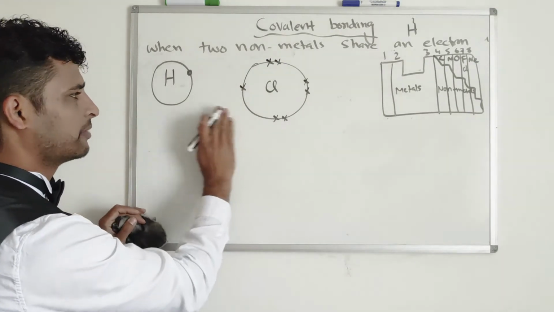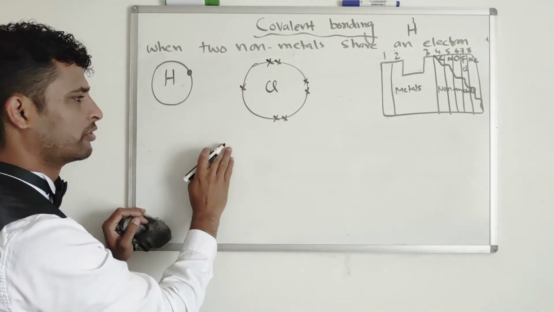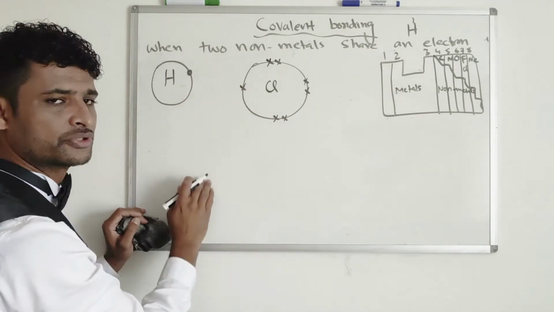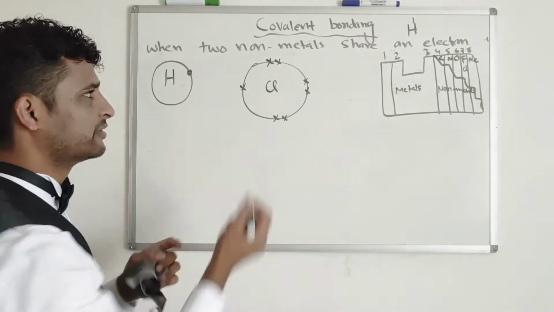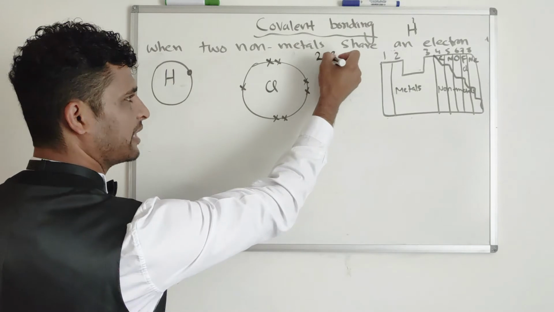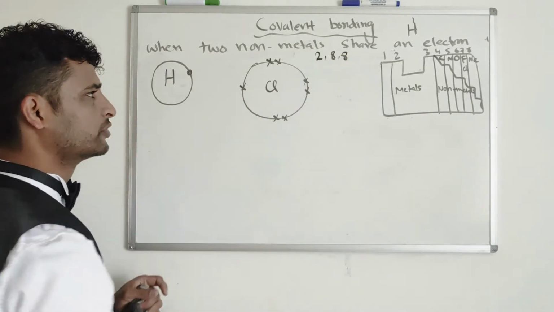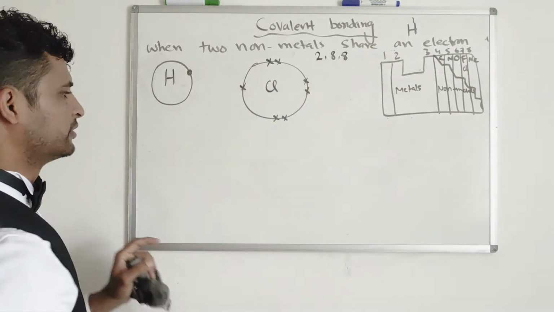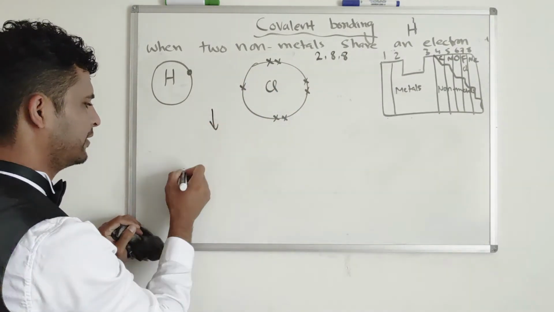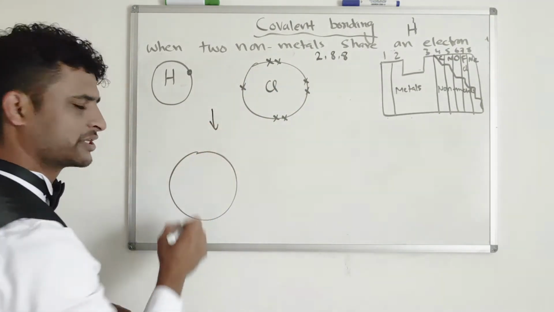Now when they come close together, they both are non-metals. Hydrogen has only 1 shell, and in the first shell the maximum you can have is 2 electrons, and chlorine can have 8. They both will join together. This is a technique you use.